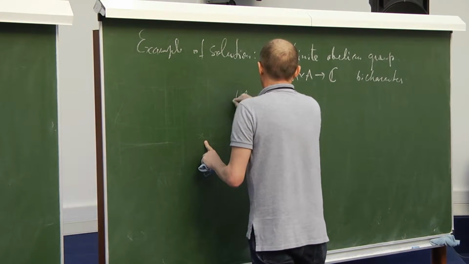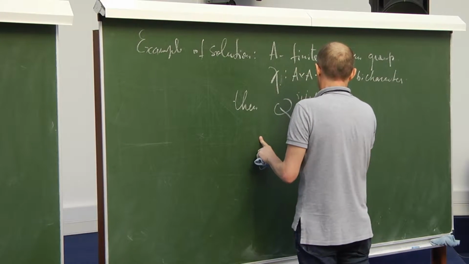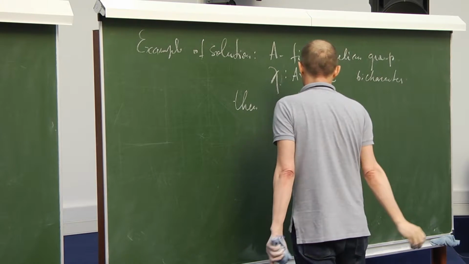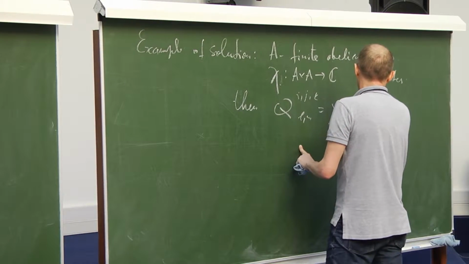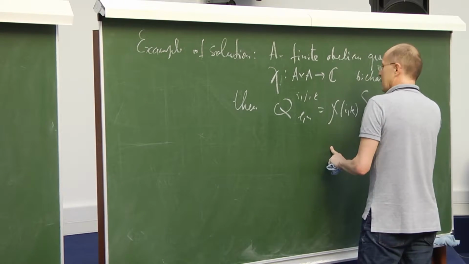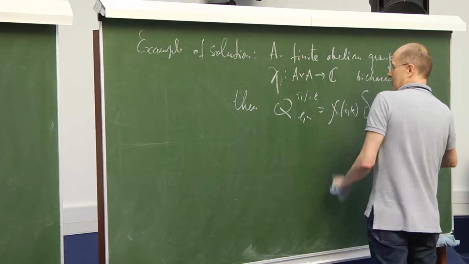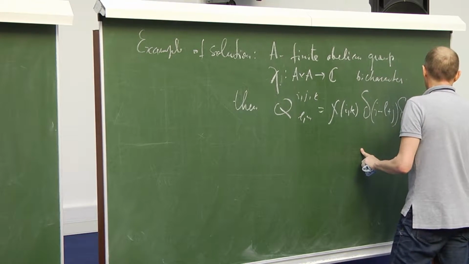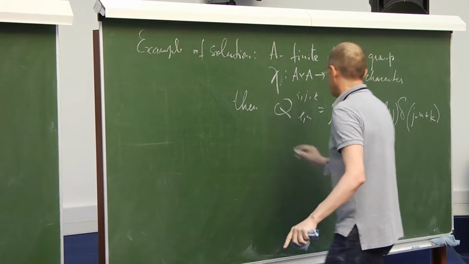Then Q(i, j, k, l, m) given by chi of (i, k) times delta(i minus l plus j) times delta(j minus m plus k) is a solution.